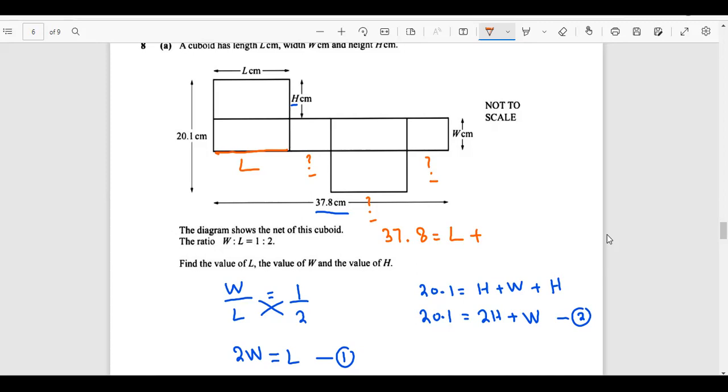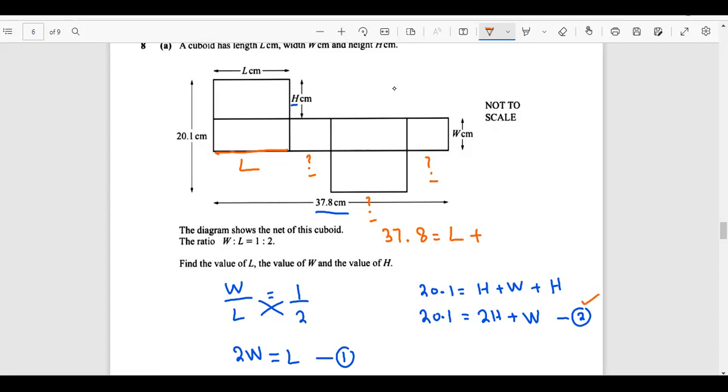The question mark next to the 37.8 is also L. Okay, Sanim, can you tell me? Yes, Sanim. 2H and 1W. Yes, that would be for 20.1, and it is done.